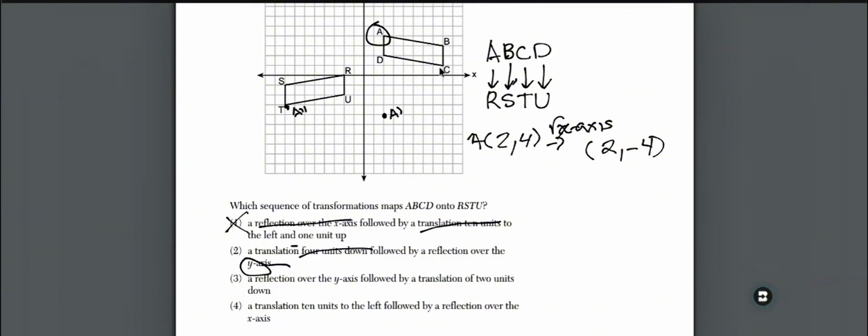So my C is going to be at 8, 1. I'm going to translate 4 units down. And I'm going to go 1, 2, 3, 4. It's going to make me land right here. So now I'm at 8.